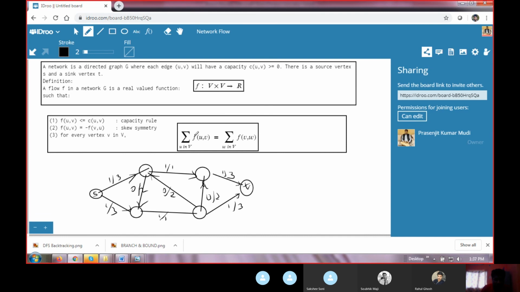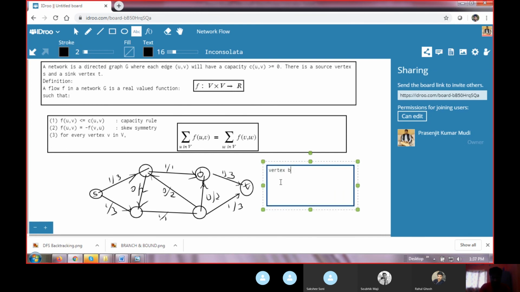So f u v means, let's say, consider this vertex. This vertex is, let's say, B. So for this vertex B, the incoming flow: for vertex B, we have two incoming edges.